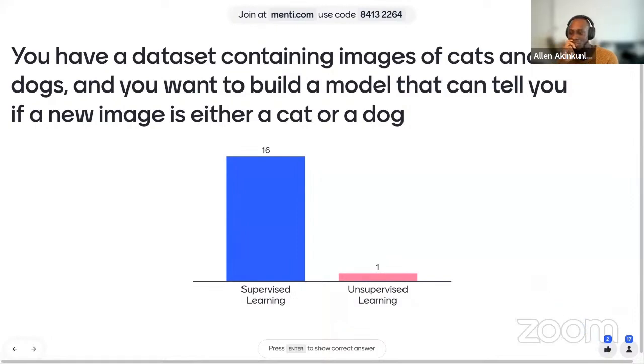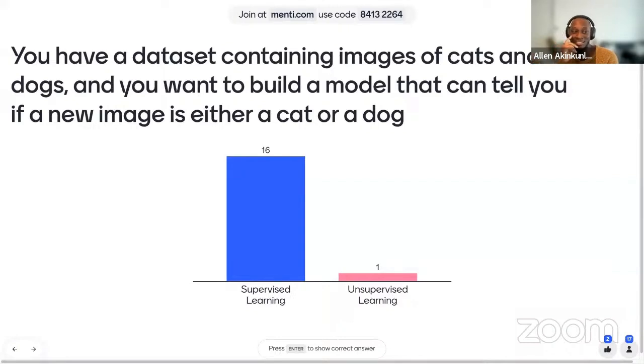Jack has raised his hand. Please speak, Jack. I'm saying that it is supervised because we learned that for supervised learning the data set must be labeled. Because we have the cats and the dogs, the data has already been labeled. Great.